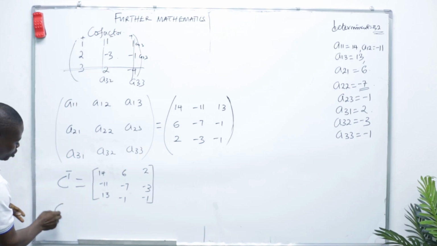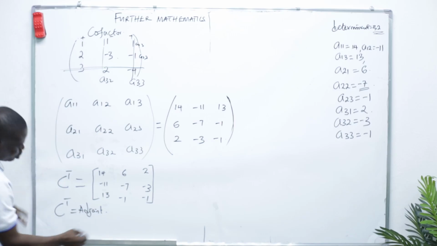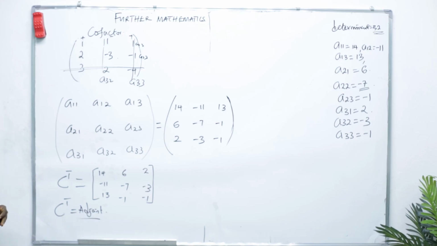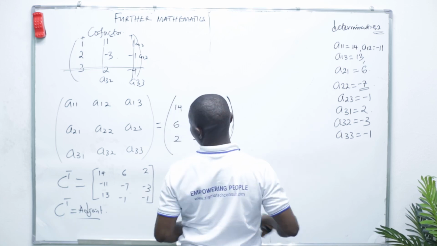So transpose CT equals adjoint. So this is our adjoint. Now we have adjoint. We have determinants already.